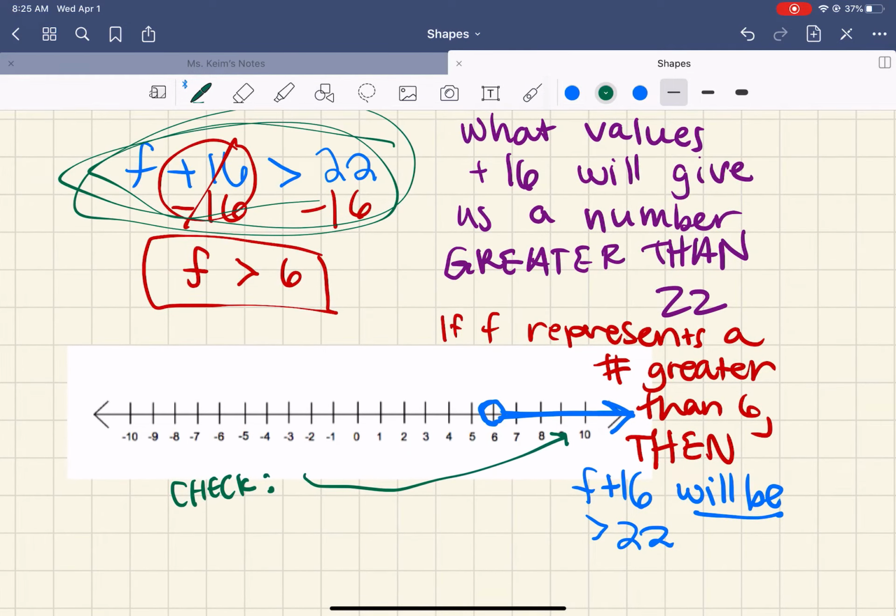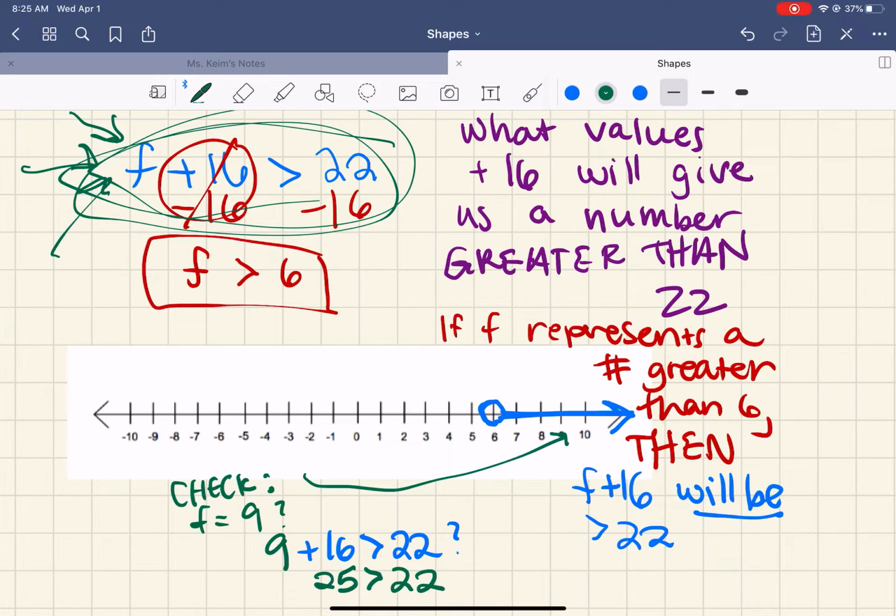So if I use 9 for f, let's put that into our original inequality and see if that's true. Is 9 plus 16 greater than 22? Yes, we get 25, and 25 is greater than 22. Great, we have solved our first inequality.